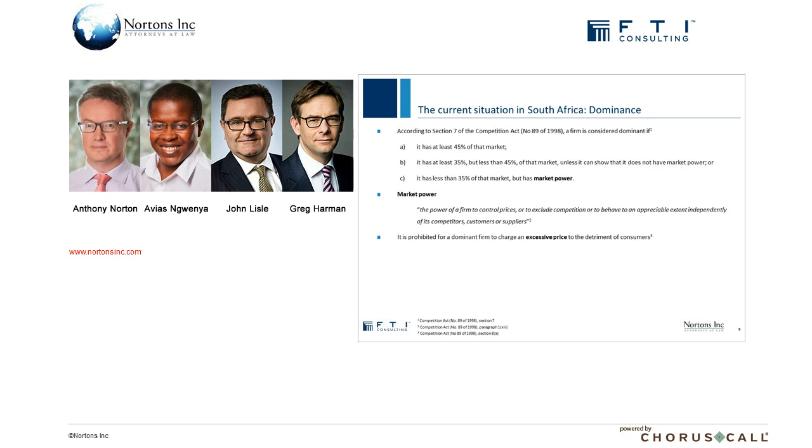So we must have regard to your pricing. If you're between 35 and 45%, there's a presumption that you might be dominant unless you can show that you do not have market power. And the third limb says that if you're under 35%, you're not necessarily home and dry if it can be shown that you have market power.